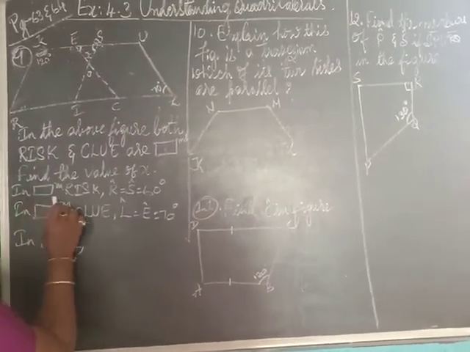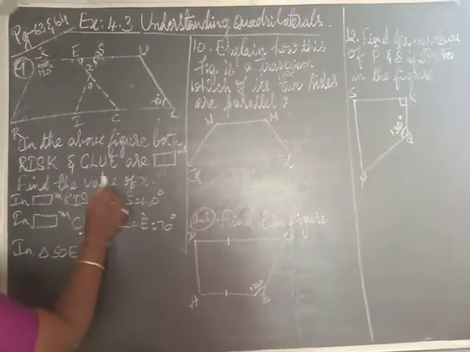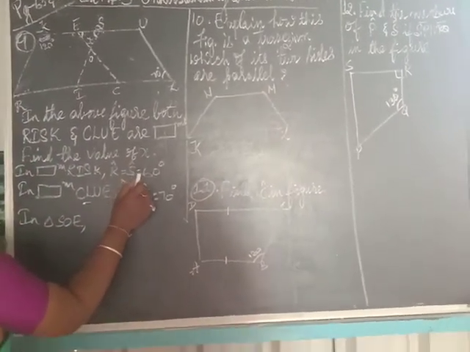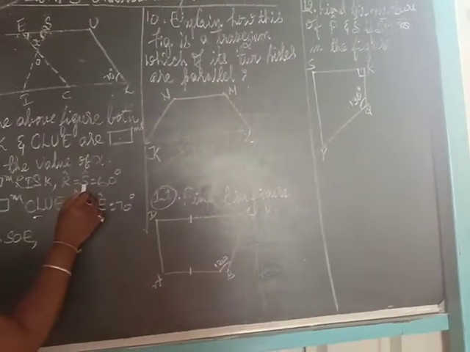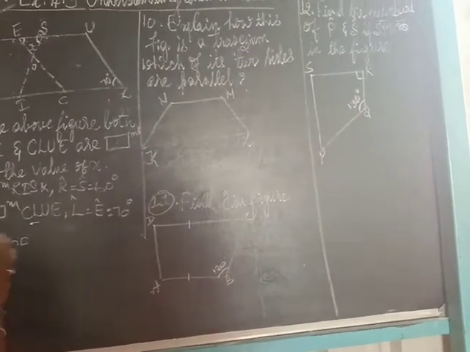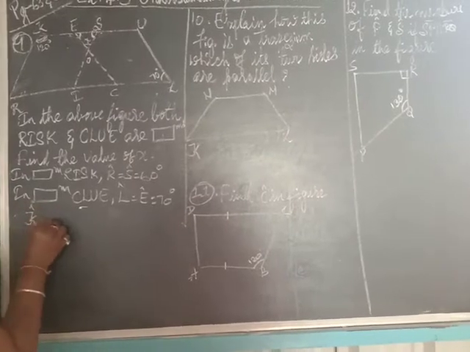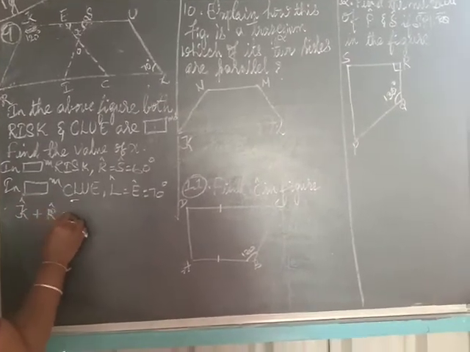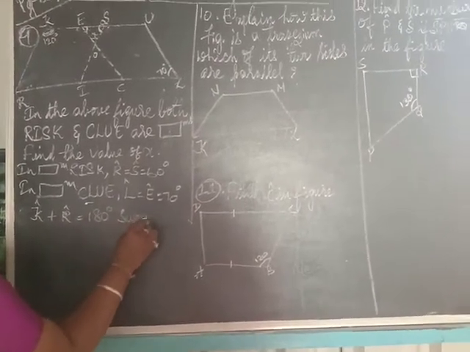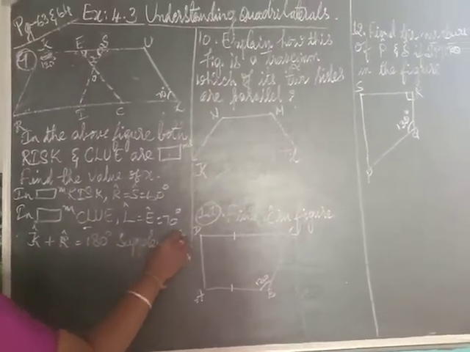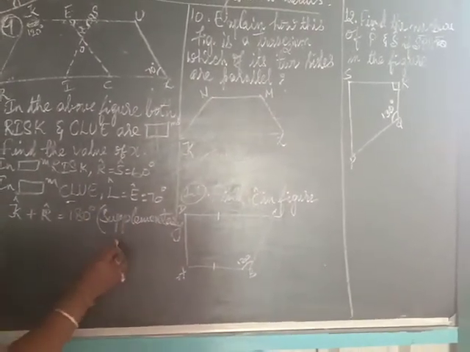In parallelogram RISK, angle R is equal to angle S is equal to 60 degree. How did we get this? We know that angle K plus angle R is equal to 180, since they are adjacent angles and supplementary. We have studied this in properties.